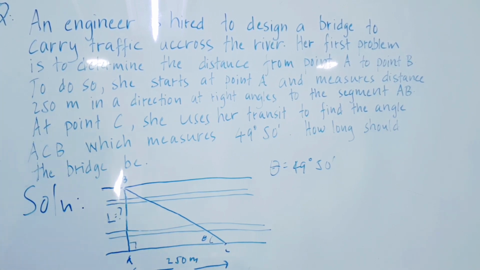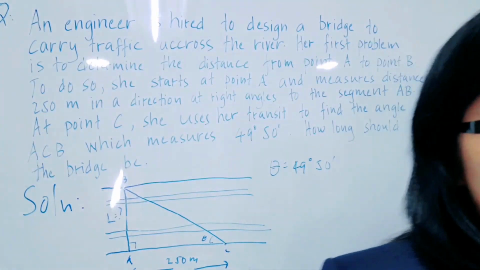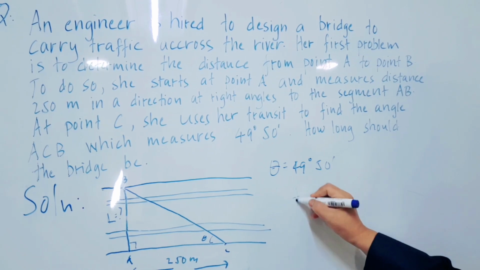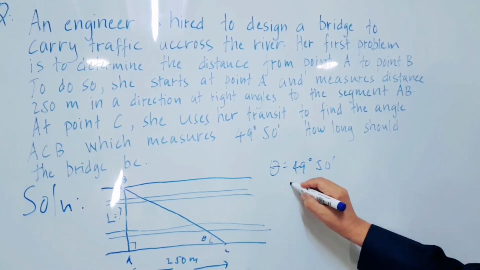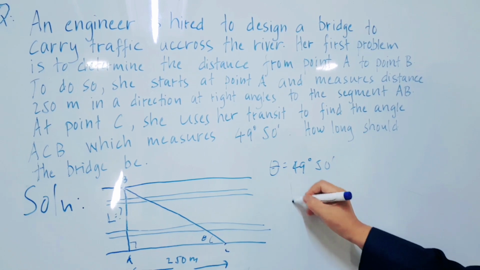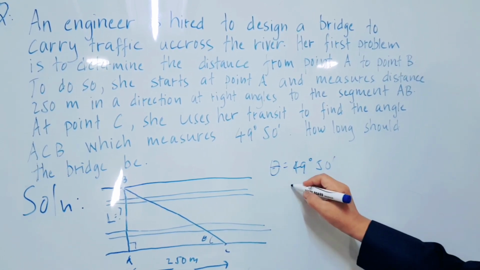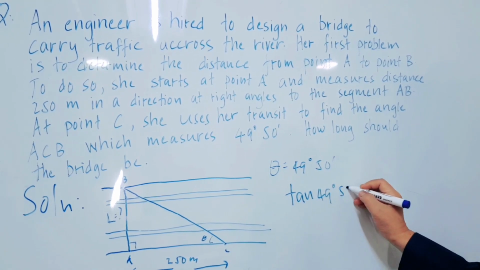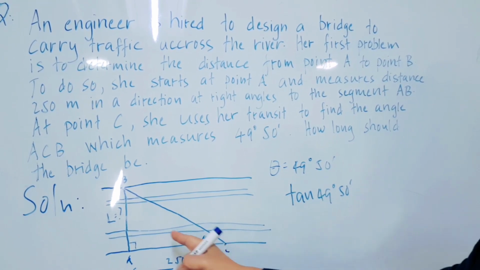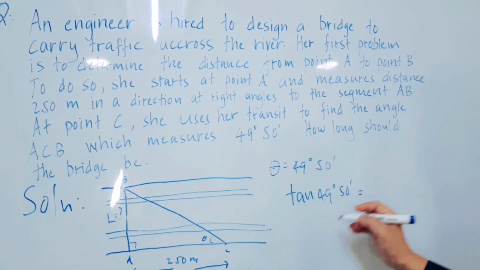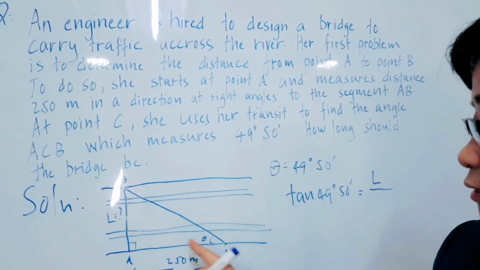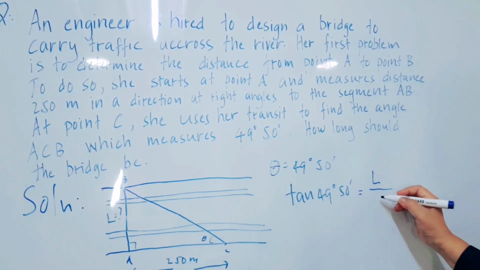Now we can just use the tangent function. Tangent of 49 degrees 50 minutes is equal to the length, the opposite of the angle, over the adjacent, which is equal to 250 meters.